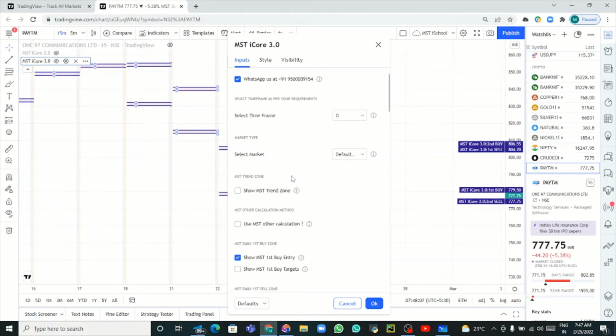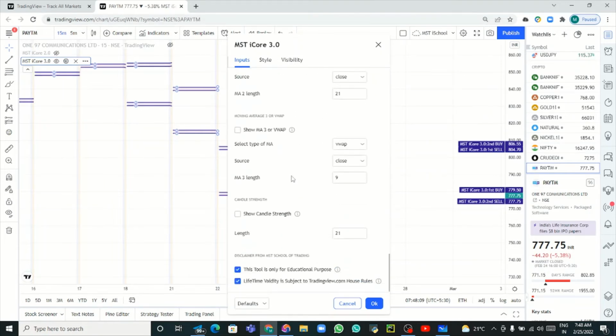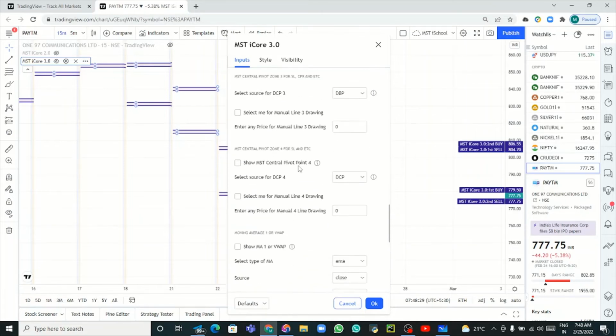See here, yesterday I added this point, that is, show candle strength. So if you know the strength of the candle, you can decide based on price action theory. But to use our indicator, you need no knowledge of the market. Simply follow what is mentioned there.